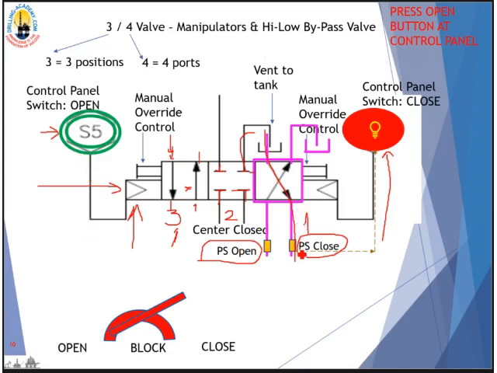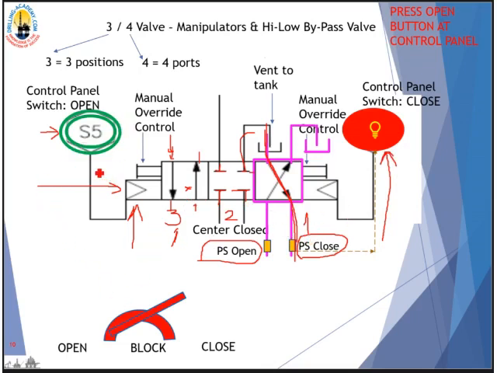At the present time, this valve sleeve is in the closed position. That's why now the pressure is in the closed line, and this pressure switch senses the pressure in the line and sends the signal to light up the closed light bulb here. But once the valve sleeve is moved to the open position, this will swap.